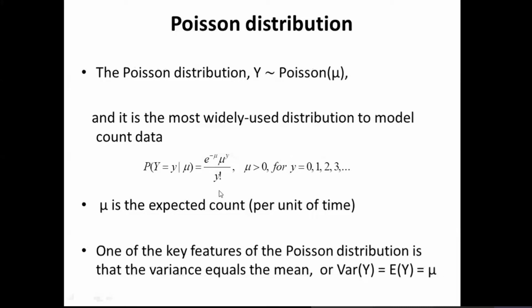Mu is the expected count per unit of time, or per attempt, or per volume. So that is the average expected count.